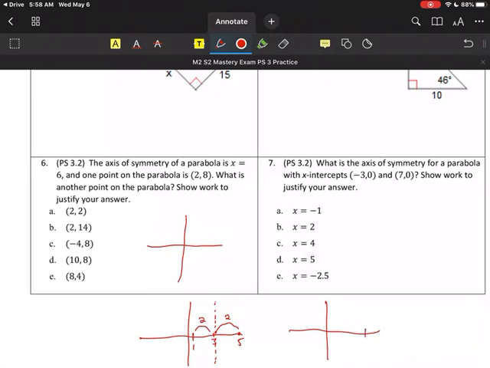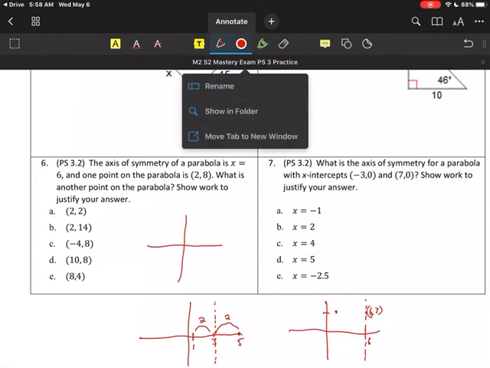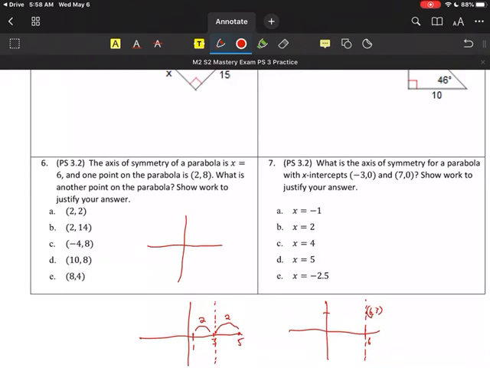Here's an axis of symmetry on 6. Well, there's a point up here, that's 6, 3. All right, and there's a point over here at 12, 3. All right.